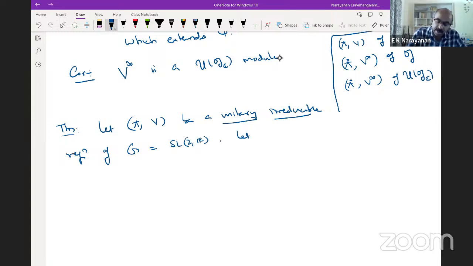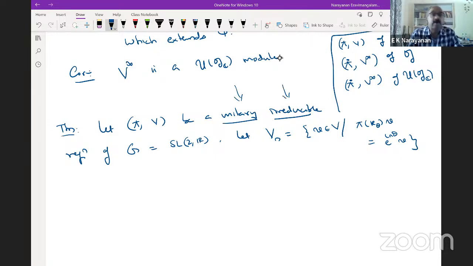And recall that we define these Vn's, right? These are vectors which transform according to the nth character of the circle group. So these are all v in V such that pi of k theta v equals e to the i n theta v, right? So these are our Vn's. So it is unitary and irreducible. Okay, that is important. Then the dimension of Vn.